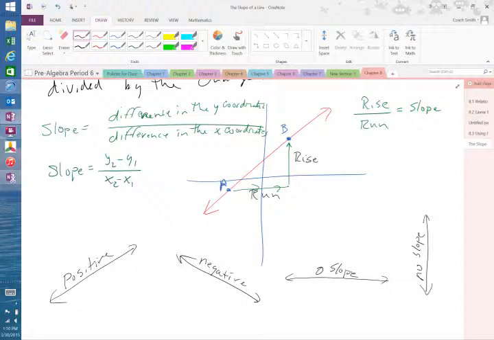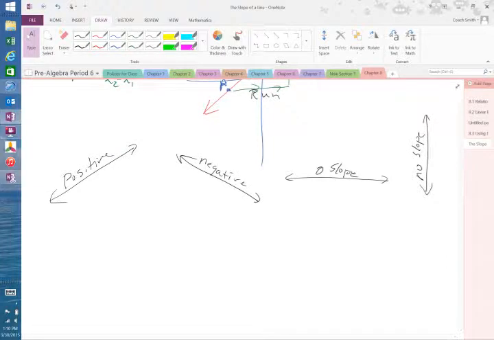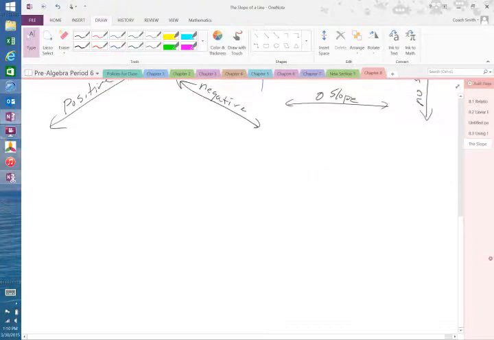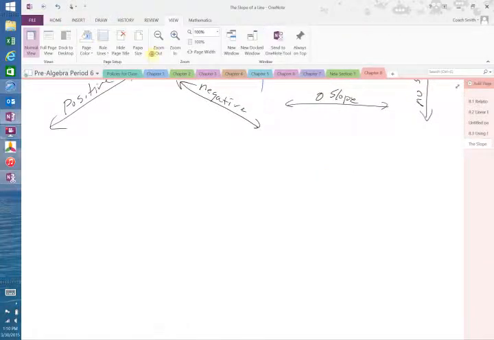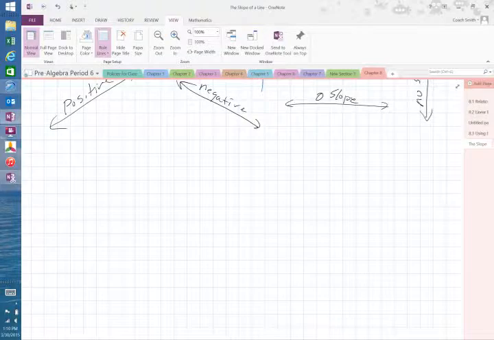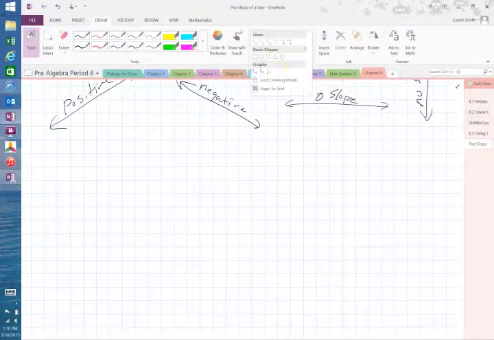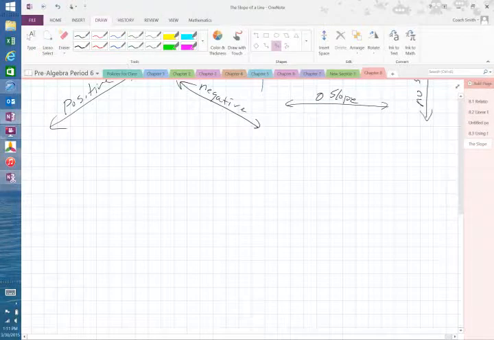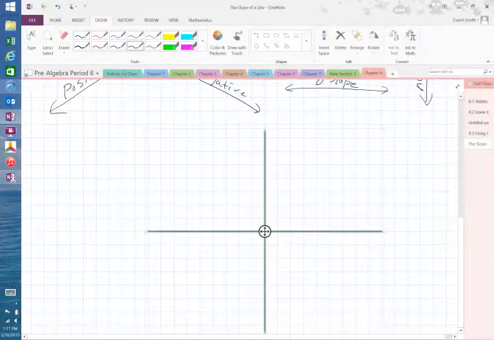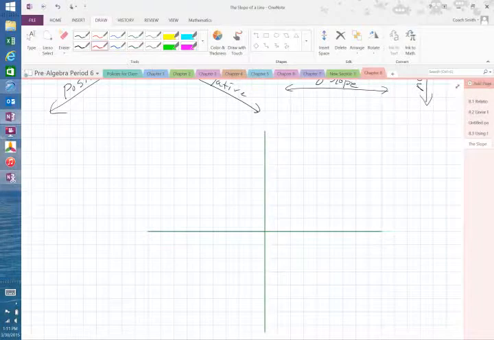All right. Now, as I draw that coordinate plane, I'm going to put a line inside of it.